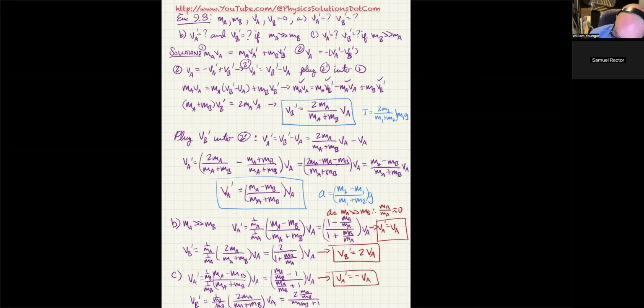And again, the limit as MB is much, much bigger than MA makes MA over MB essentially 0. So that means that VB prime is approximately equal to 0. So that's what happens with that one. Any questions on that?